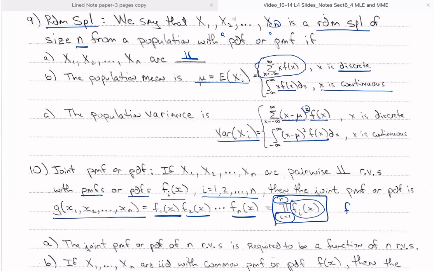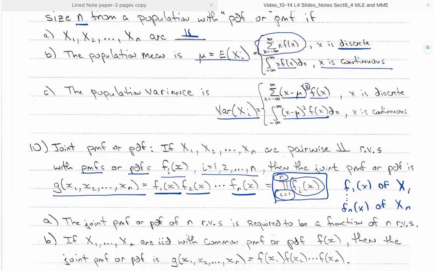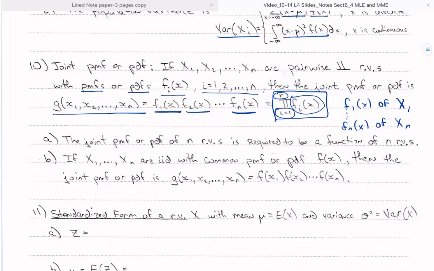And remember, f sub 1 of x is the PMF or PDF of x1, and f sub n of x is the PDF or PMF of x sub n. Now, the joint PMF or PDF of n random variables is required to be a function of those n random variables. So these are some properties, okay?